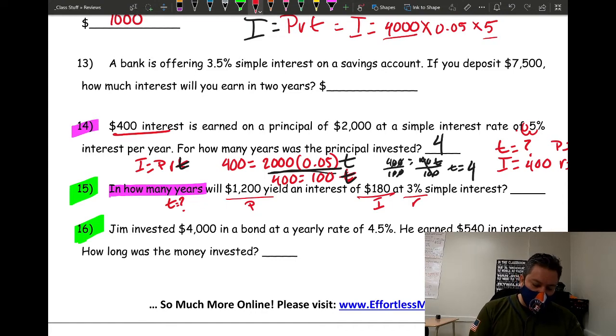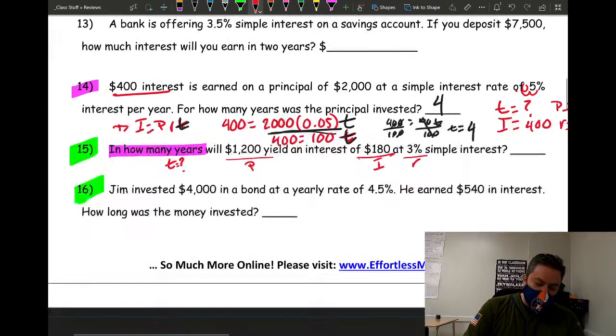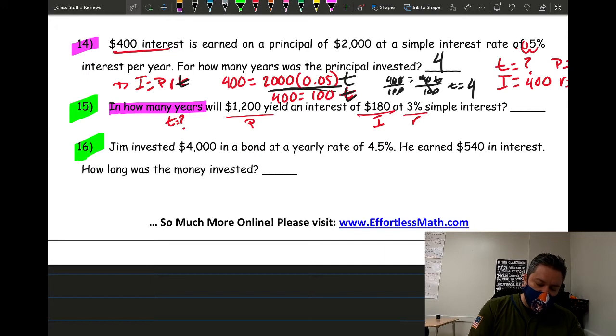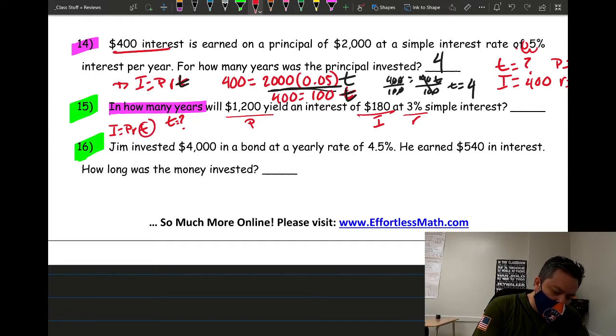So using the same formula, I'm gonna substitute the values in where they go. So for I, remember this is the formula, and we're looking for T. So instead of I, I'm gonna put in 180 equals, instead of P, I'm gonna put in 1200.